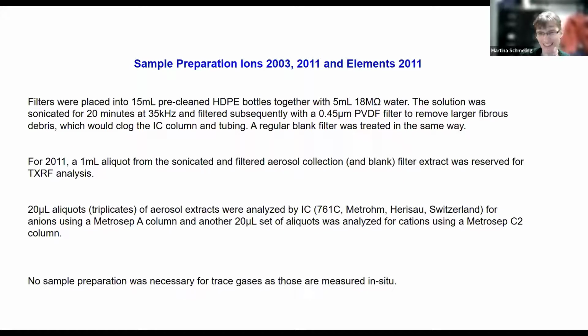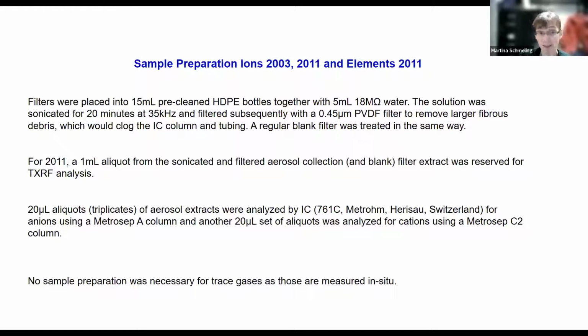So keep in mind this is an aqueous extraction, not an acid extraction. The solution was then sonicated for about 20 minutes and then filtered in order to prevent big particles from clogging specifically the column or producing particles or lumps on the TXRF support. And then we also did a regular filter on a blank filter, which we treated in a similar way.